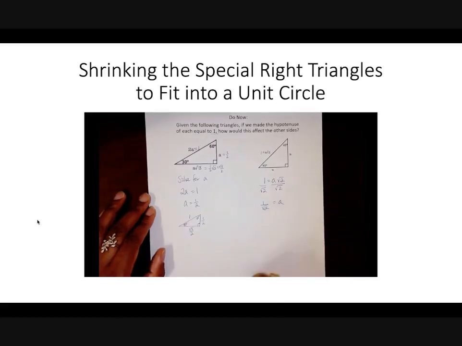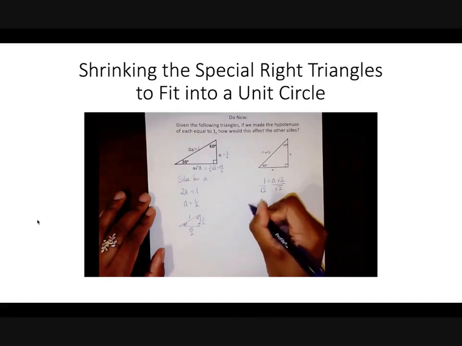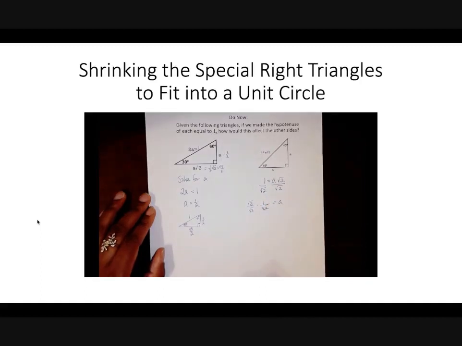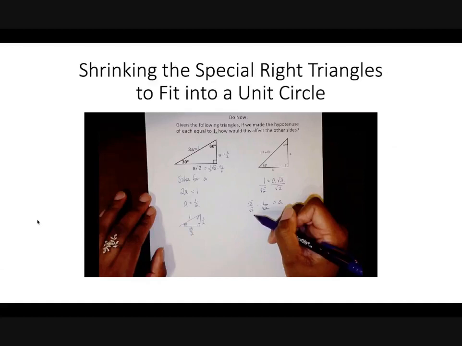However, we like to rationalize our denominators. So I'm going to multiply both the top and the bottom by the square root of 2. Notice that by multiplying by the square root of 2 divided by the square root of 2, I'm simply multiplying by 1 because they simplify to be 1.